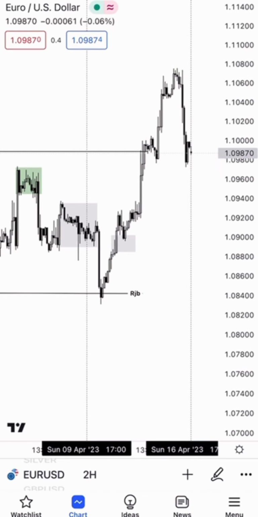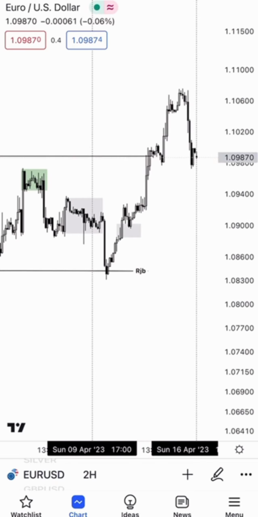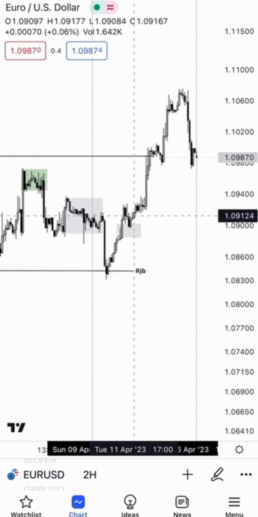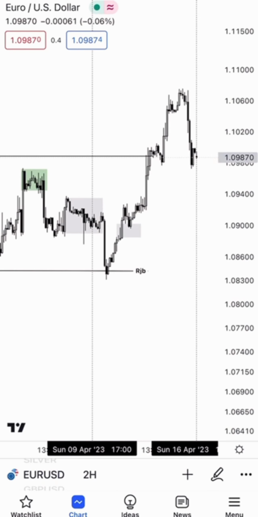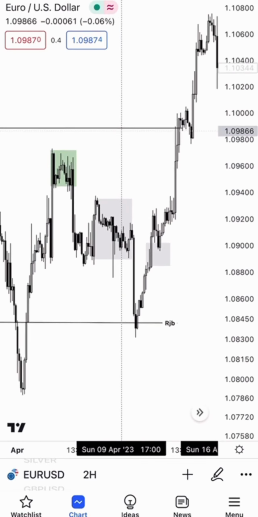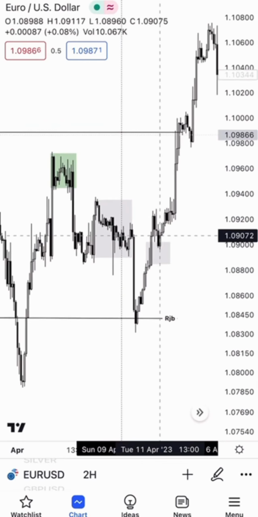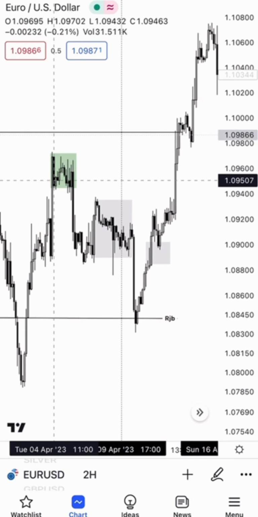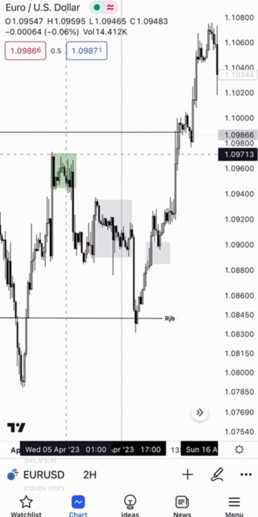So that was the thought process I had when I posted the idea of Euro attacking those relatively equal highs. Look when I'm considering them. Again, I don't mention relatively equal highs just for the sake of being relatively equal highs.